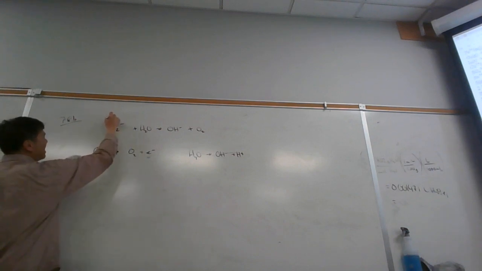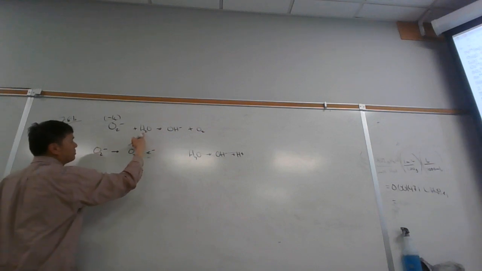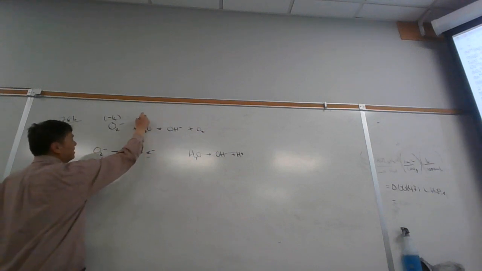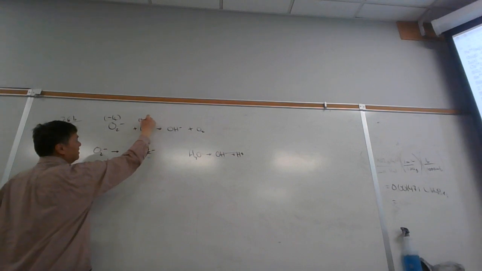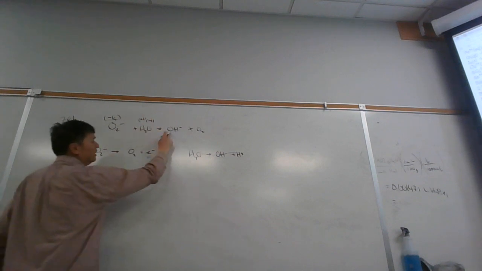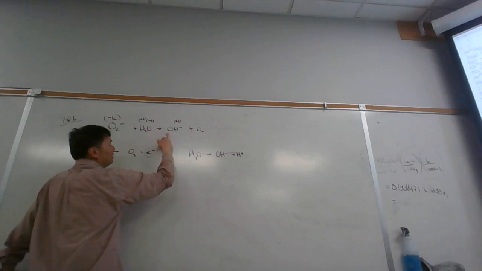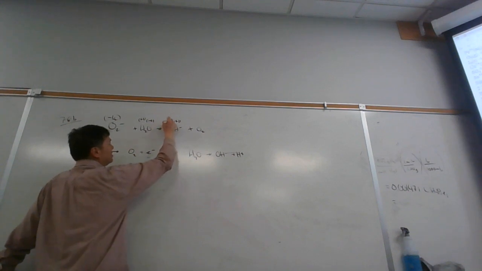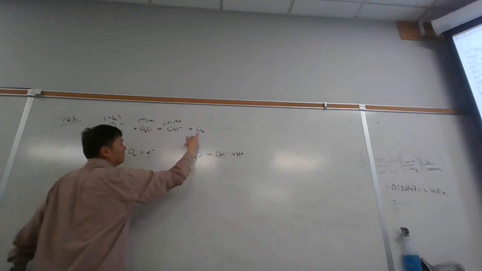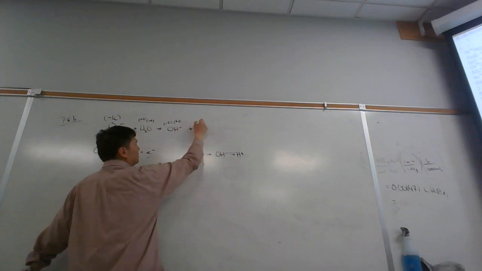What's the oxidation states here? Which goes first, hydrogen or oxygen? Oxygen is minus 2. Over here, hydrogen goes first, oxygen will be minus 2. And then over here, 0.